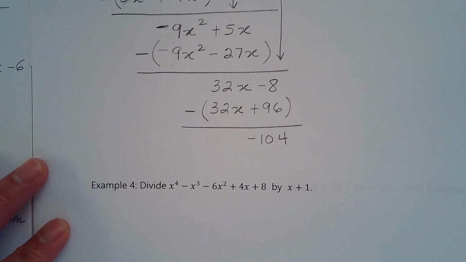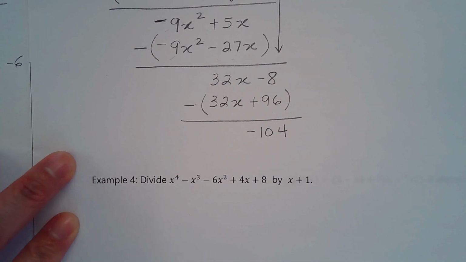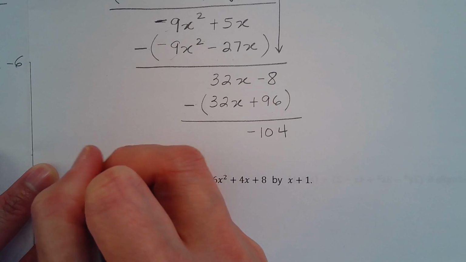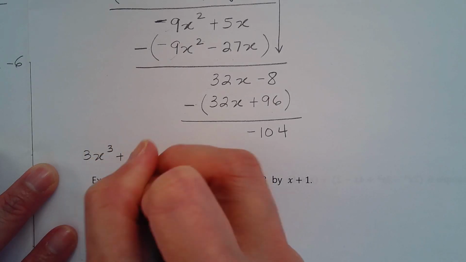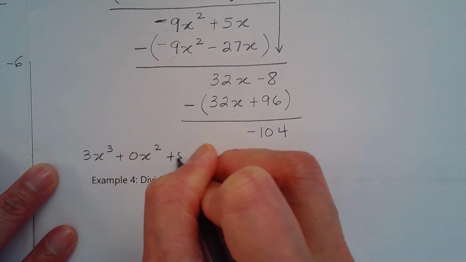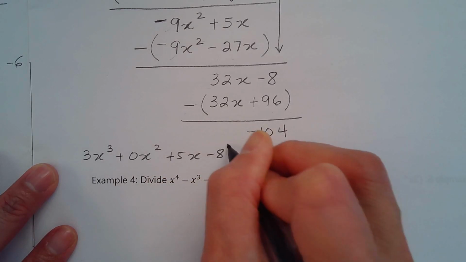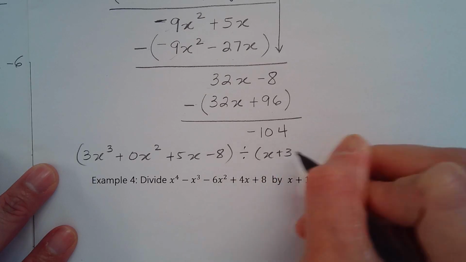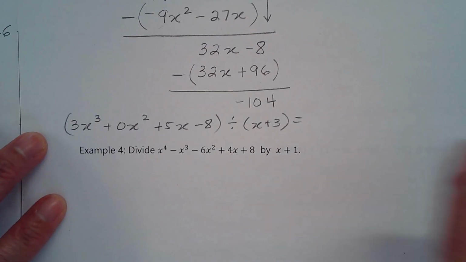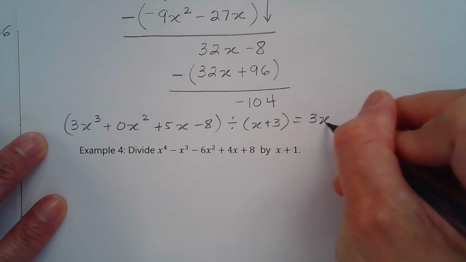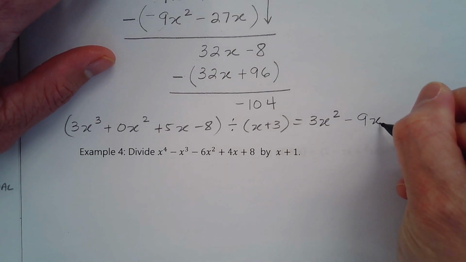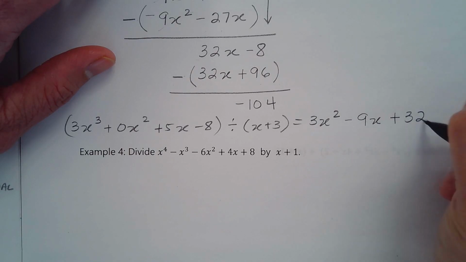Okay. What's our answer? Answer would be, if we go 3x cubed plus 0x squared plus 5x minus 8, and if we divide that by x plus 3, our answer is going to be 3x squared, the quotient, minus 9x plus 32.